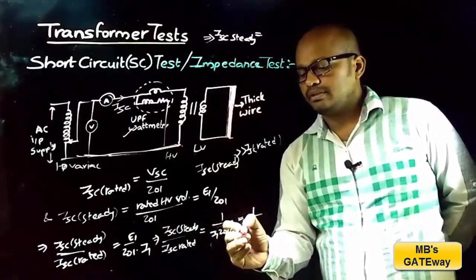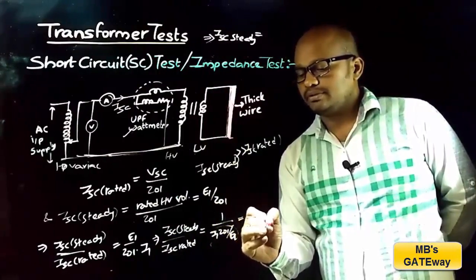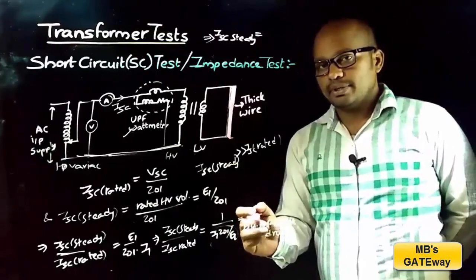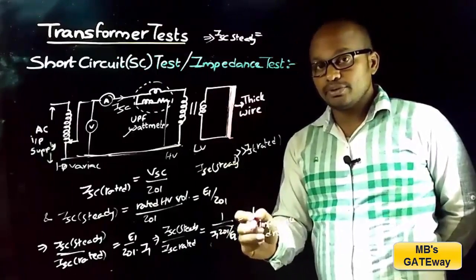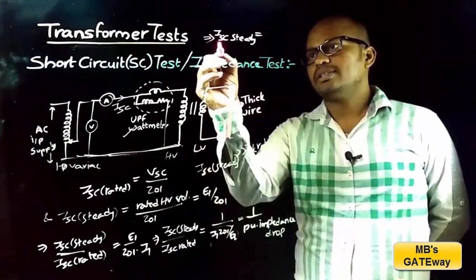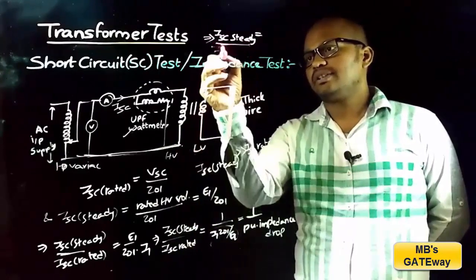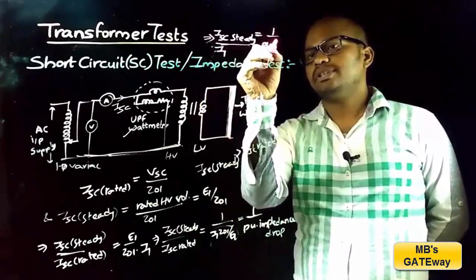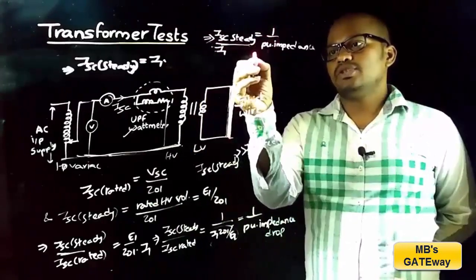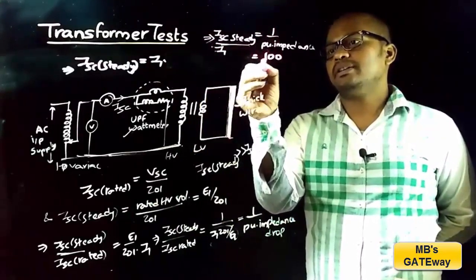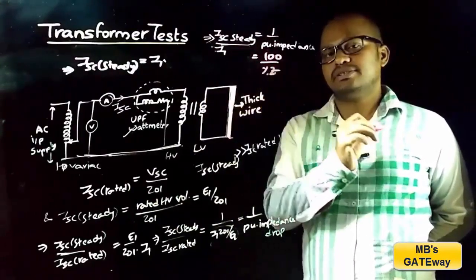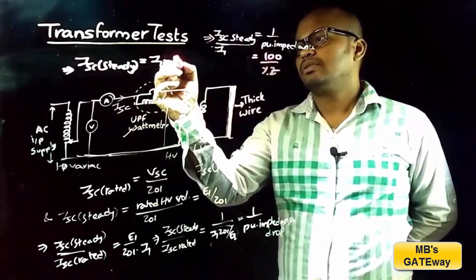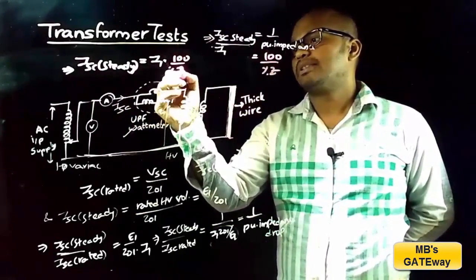So 1 by per unit impedance drop, and per unit impedance drop can be simply termed as per unit impedance. So ISC steady by ISC rated is equal to 1 by per unit impedance, which can be taken as equal to 100 by percentage Z, and that implies ISC steady is equal to I1 into 100 by percentage Z.